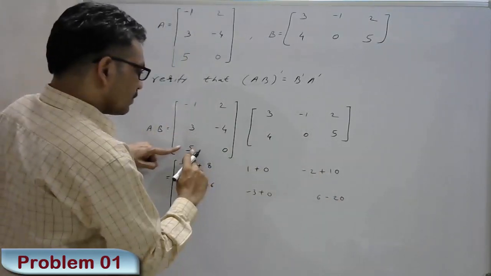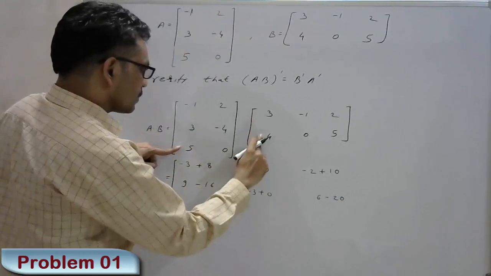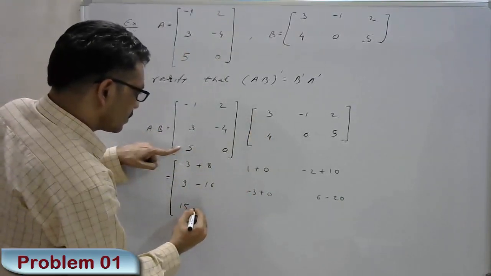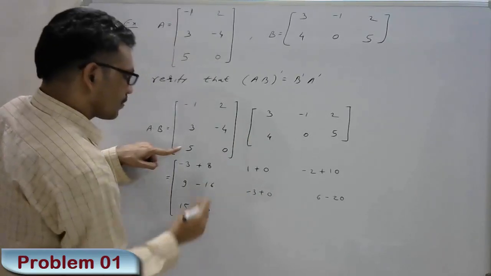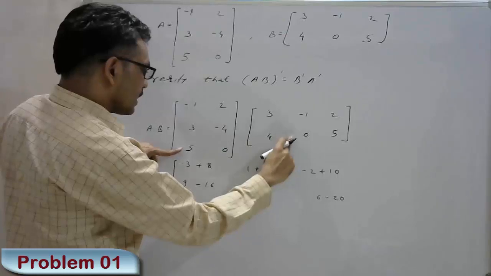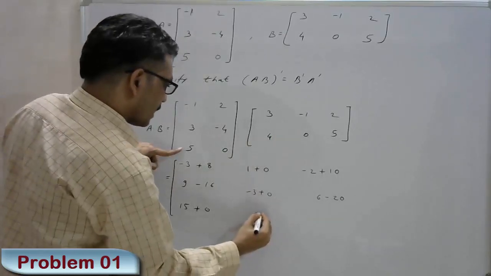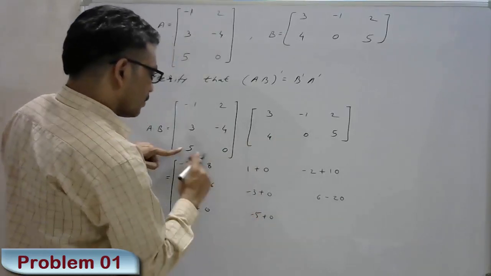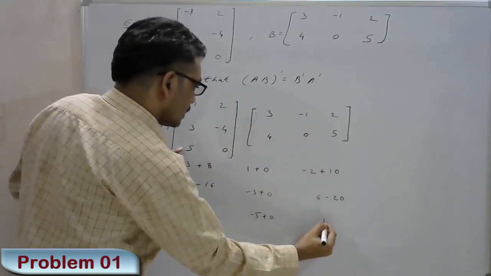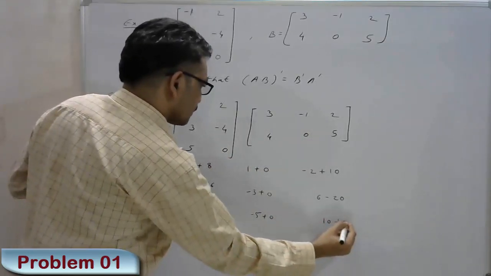Now multiply the third row by the first column. Then this one is 15 plus 0. Multiply the third row by the second column. Then this one is minus 5 plus 0. Multiply the third row by the third column. Then this one is 10 plus 0.